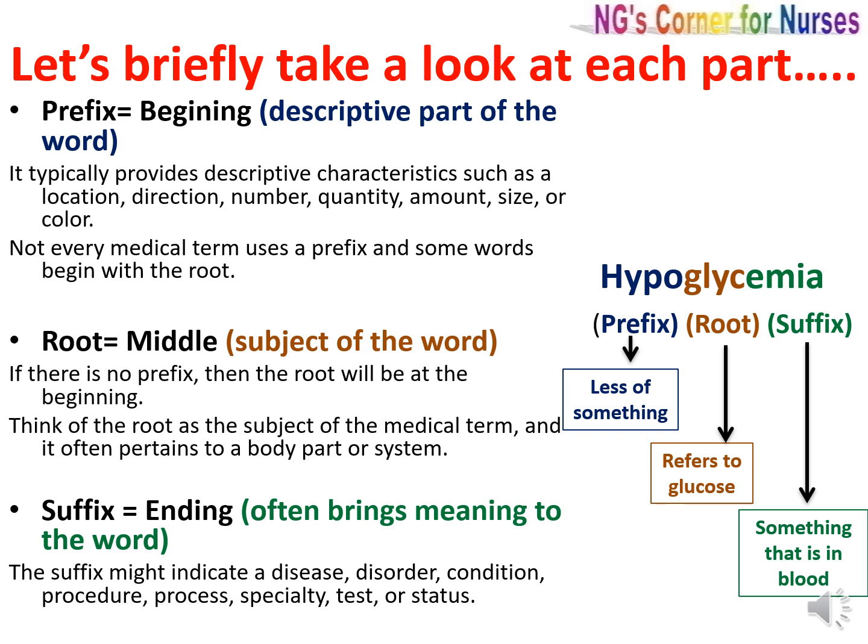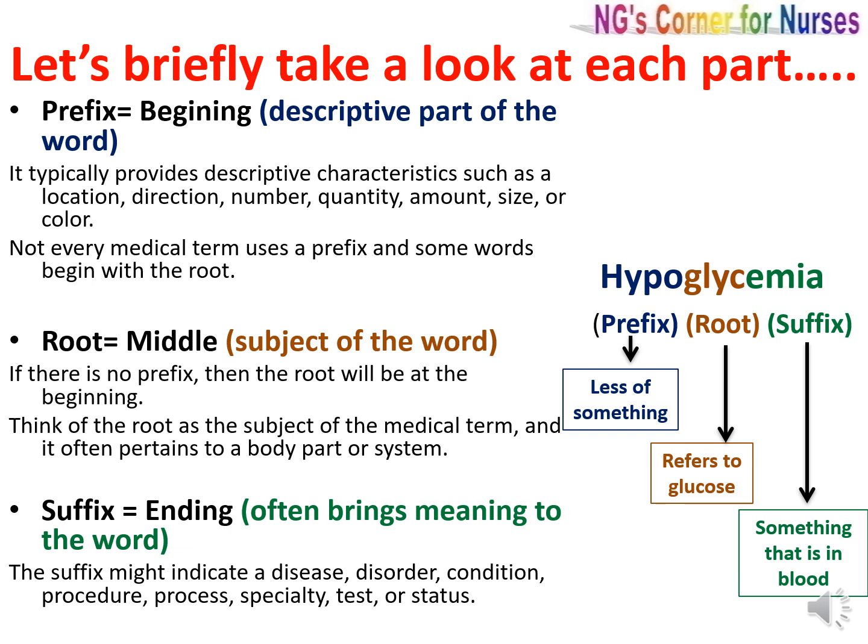Then let's see an example. The word hypoglycemia. This word has three parts: hypo, glyce, emia. Hypo is the prefix, glyce is the root, and emia is the suffix.